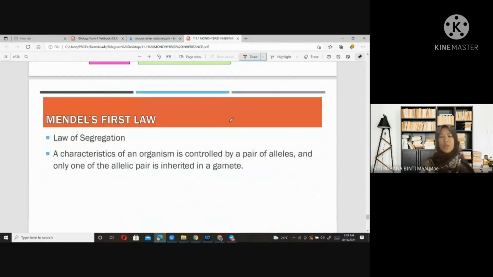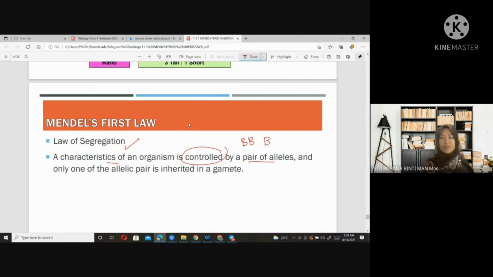So actually monohybrid cross or monohybrid inheritance prove the Mendel first law called law of segregation. Okay, so a characteristic of an organism controlled by a pair of alleles. Nampak? A pair of alleles can be homozygote dominant, heterozygote, or homozygote recessive.